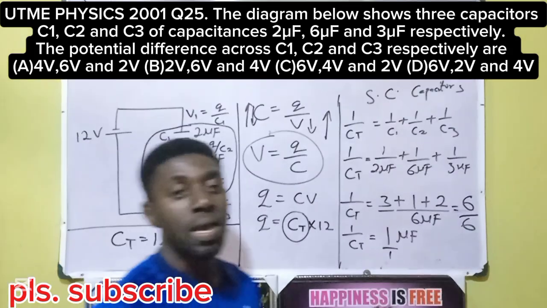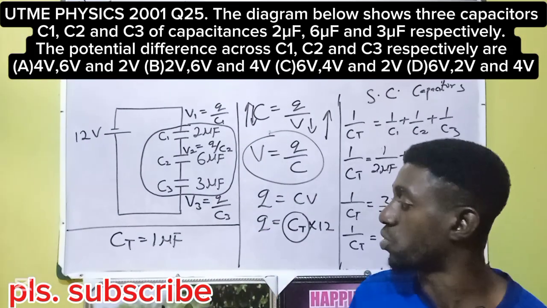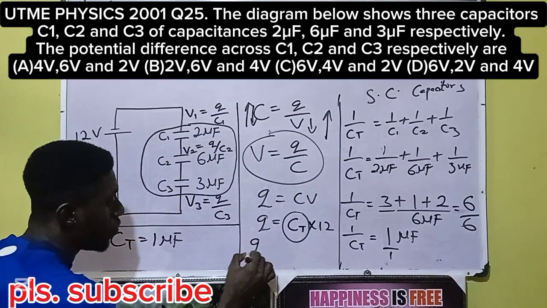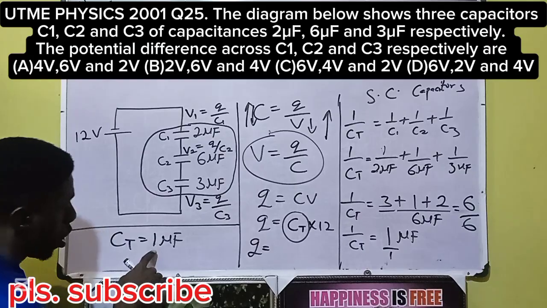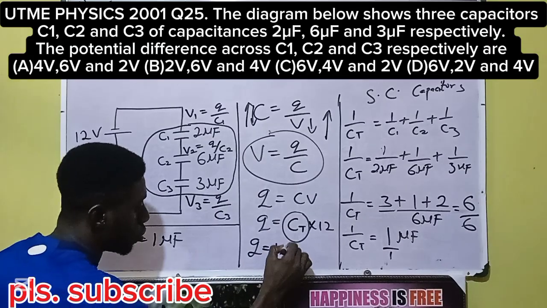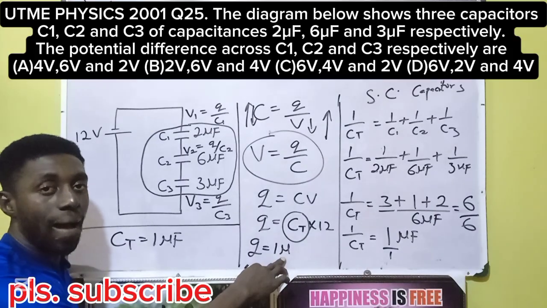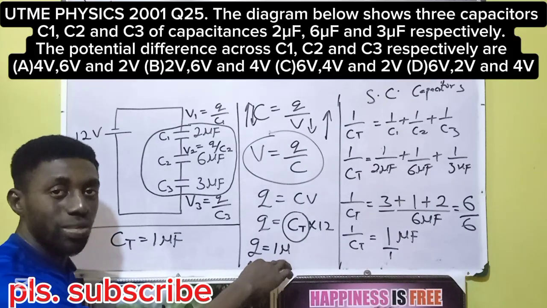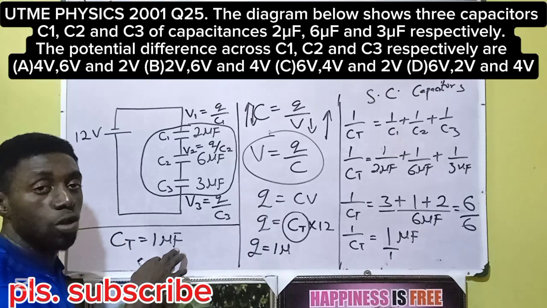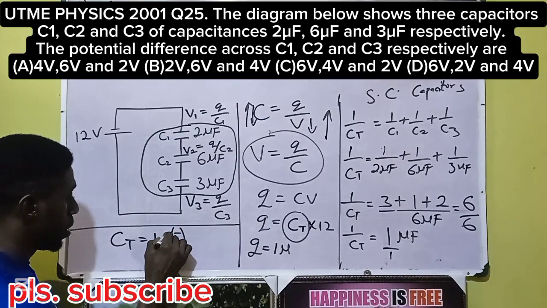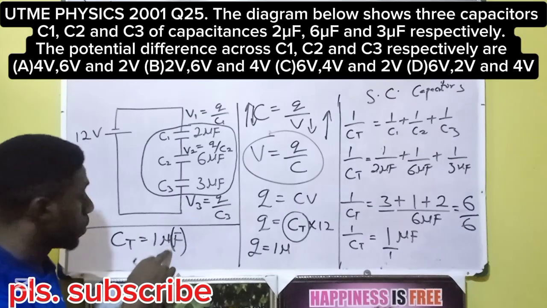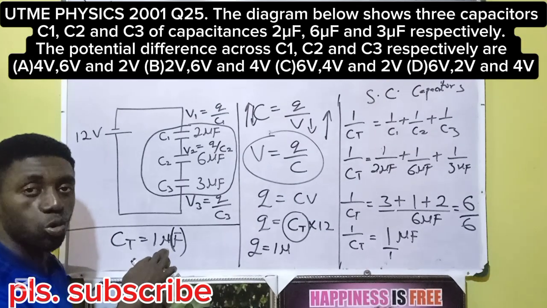That's what we've done. And with that, we can now tell the charge in that circuit. So we'll bounce back to get the charge. The overall charge in this circuit is 1 microfarad times 12. 1 micro. Micro means 1 over 1 million, so retain it there. The word micro is a value, so retain it. We can ignore farad because it's just the unit. But we retain the word micro.